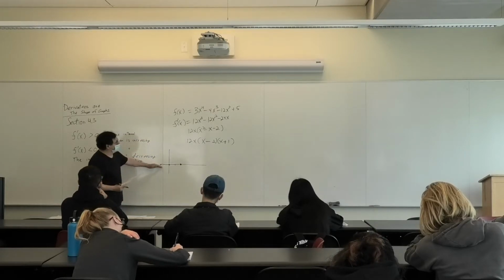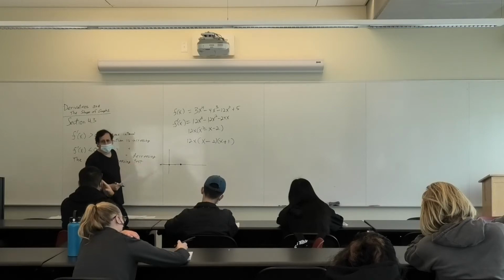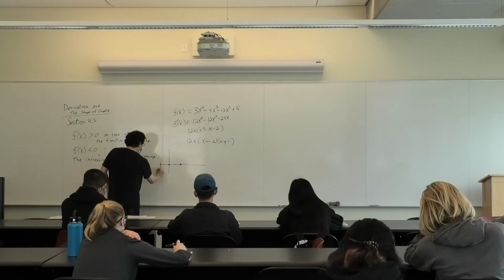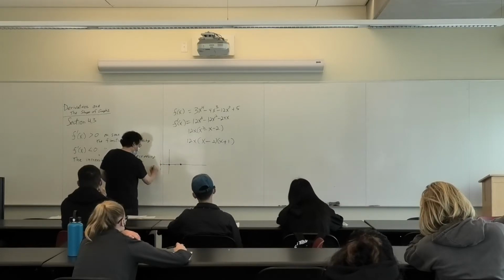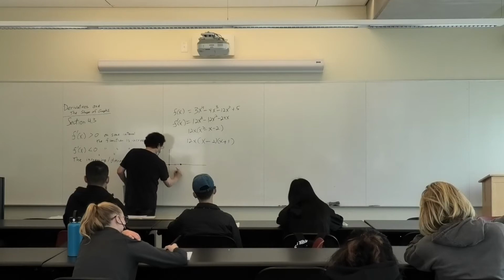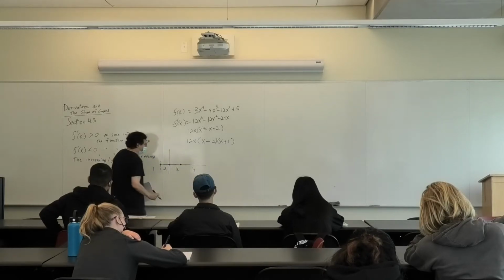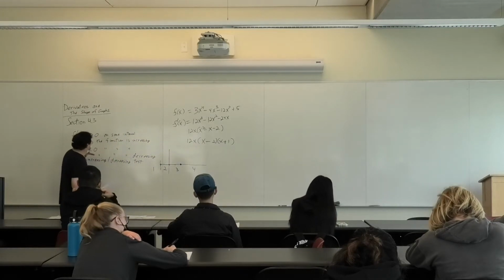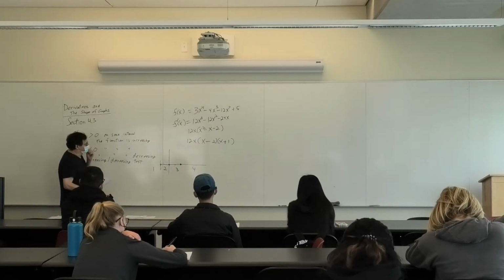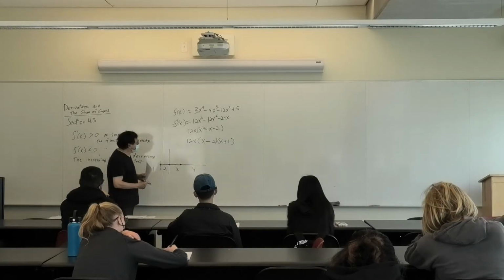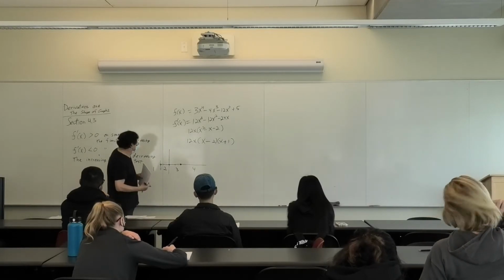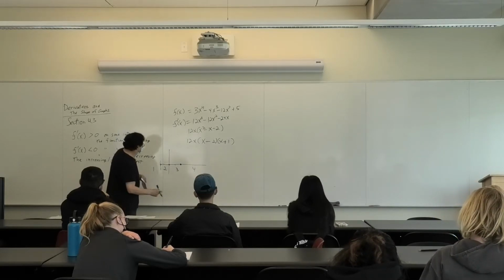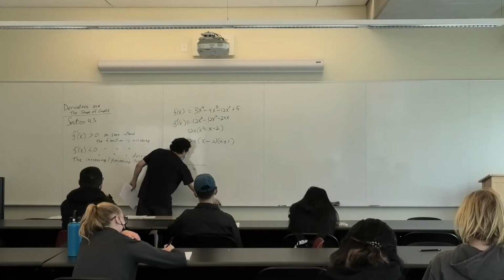So in between those, its sign is not going to change. So I want to break this up into 4 regions: 1, 2, 3, and 4. And in these different regions, see what the sign is, see whether it's increasing or decreasing. I don't really like the way I wrote this.